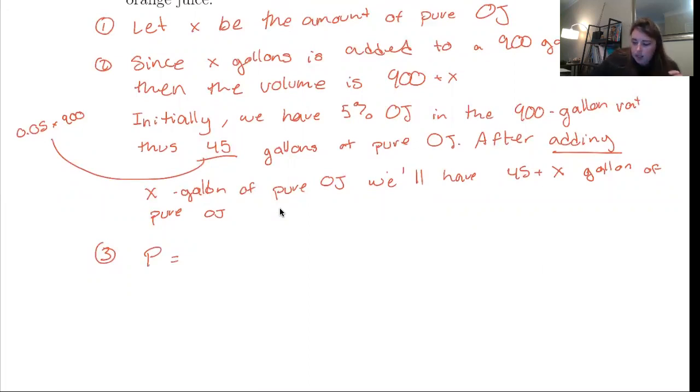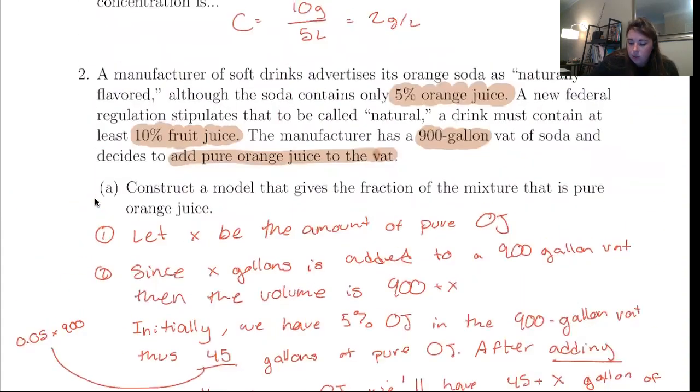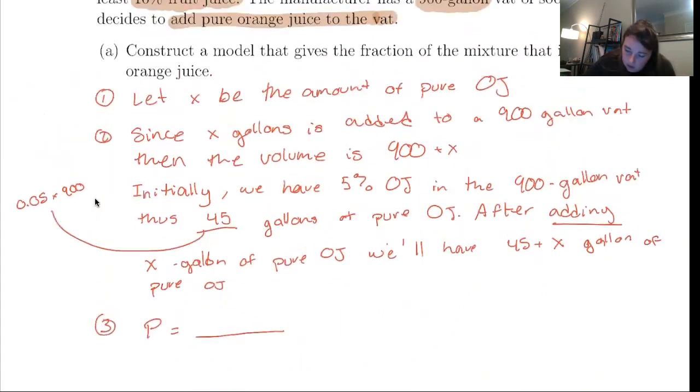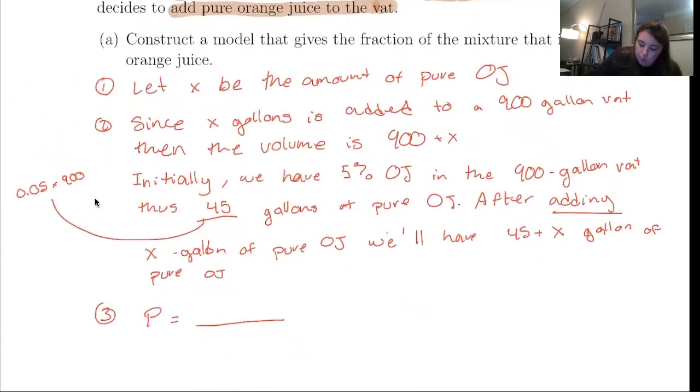What do you guys think this equation is going to look like after I've poured X amount of gallons of pure orange juice in it? It's a concentration, so I'm going to have a division.